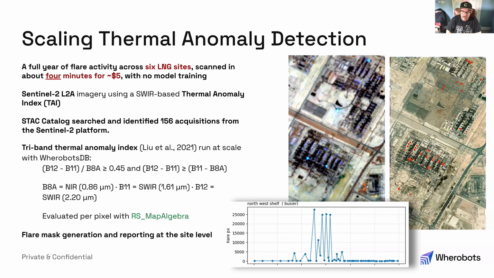And we go through here, again, that Liu et al. paper from a few years ago, lauding that tri-band thermal anomaly. We found that it works really, really well. For these, there's a spot where it does start to drop out, but I think that's noted in the article, when you have extremely high temperatures. And you can actually see a little bit of that drop out in the center of one of these clusters here.